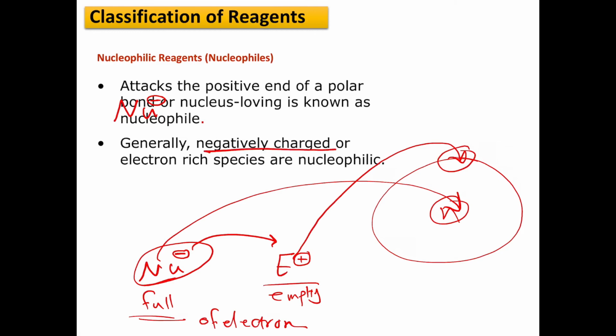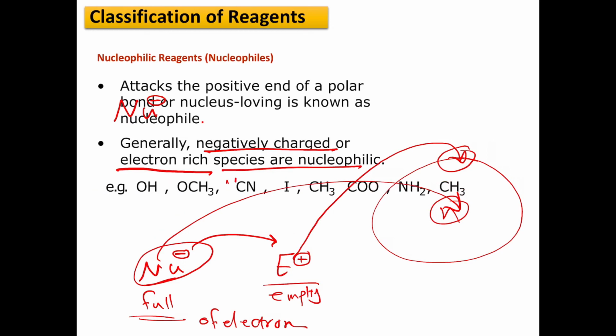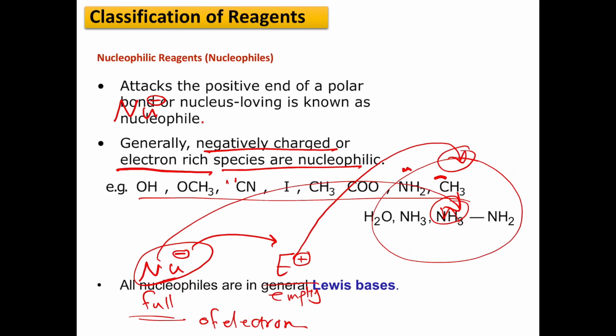Generally, negatively charged or electron-rich species or lone pairs of electrons are nucleophiles, like these molecules: OH negative, OCH3 negative, CN negative, I negative, CH3COO negative, NH2 negative, CH3 negative. And the other examples are explained here. They are Lewis bases.